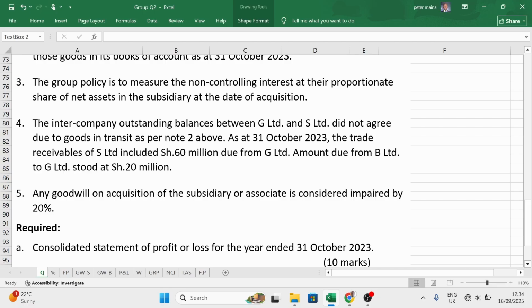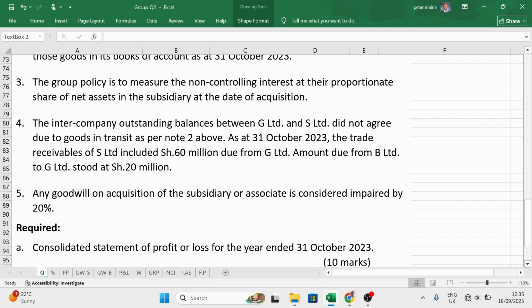We only eliminate intercompany debts between parent and subsidiary, not between parent and associate. That is why we are not going to be adjusting the 20 million, because the 20 million is between B, the associate, and G, the parent, and we do not consolidate assets and liabilities of associates. We also don't adjust intercompany debts.